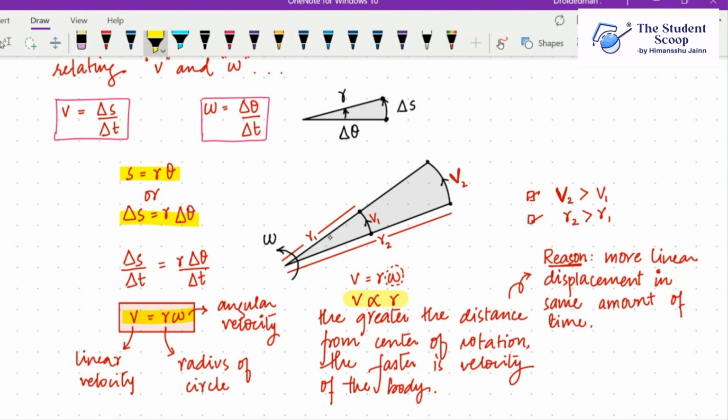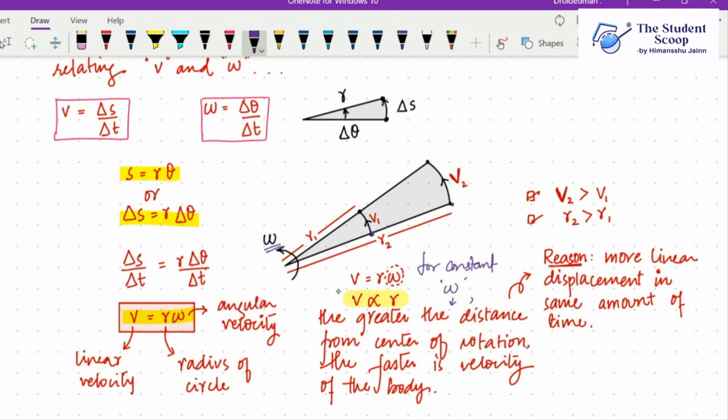What does that mean? For constant omega, that is most important, because whenever it is tracing a circle, the omega will be the same for both these points. For a constant omega, we can say that the greater the distance from the center of the rotation, the faster is the revolution of the body.